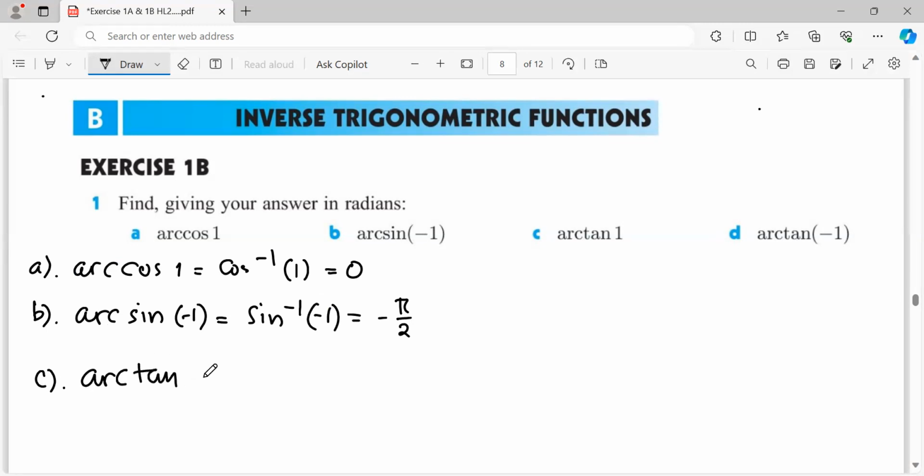Arctangent 1 means tangent to the power negative 1, or inverse of tangent. Tangent of how much equals 1? Tangent of pi over 4.